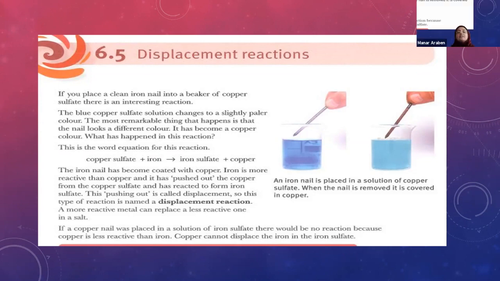As you understand, when I say element, does this element consist of one type of atom or different types? Different types of atom.